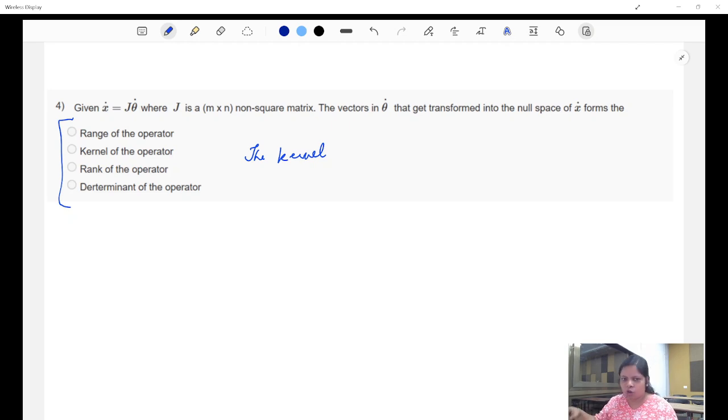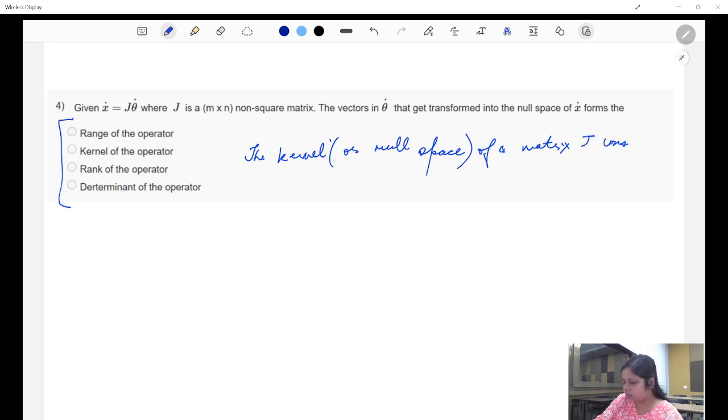Okay. Let's talk about kernel first. What is kernel also called? It's called null space, right? The kernel of a matrix J consists of all vectors theta dot such that J theta dot is equal to 0, right?